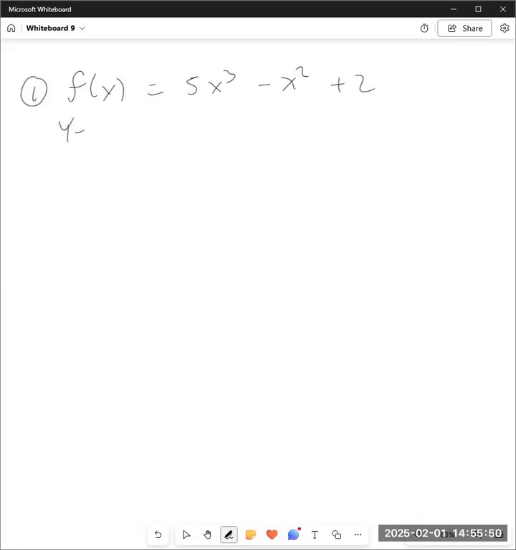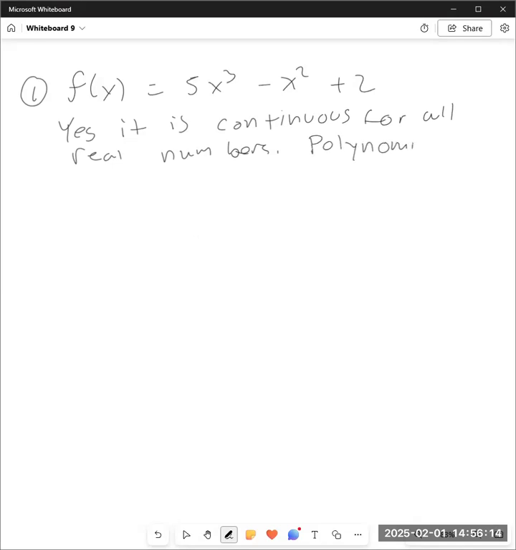The answer is yes, it is continuous for all real numbers. How do we know that? Because this is a polynomial function and all polynomial functions are continuous for all real numbers.